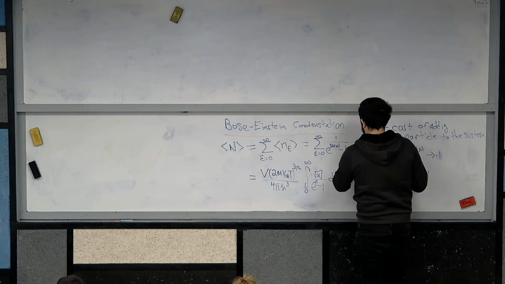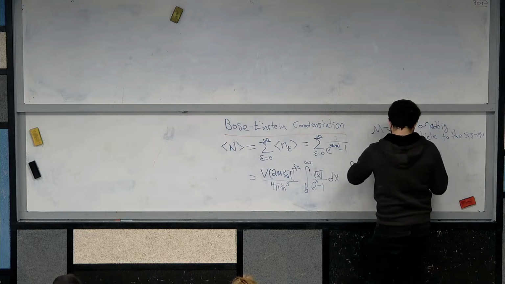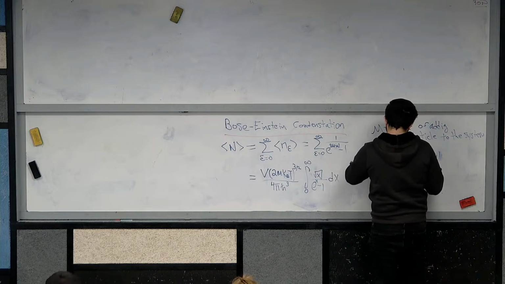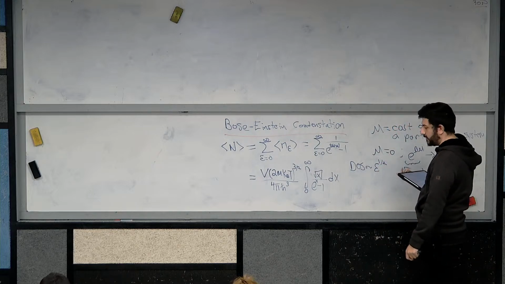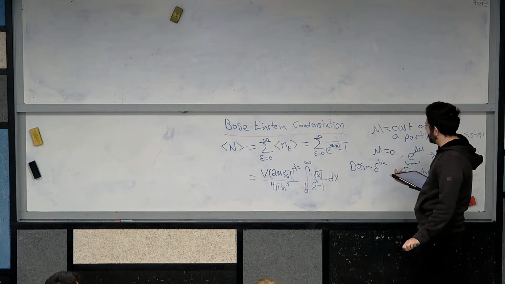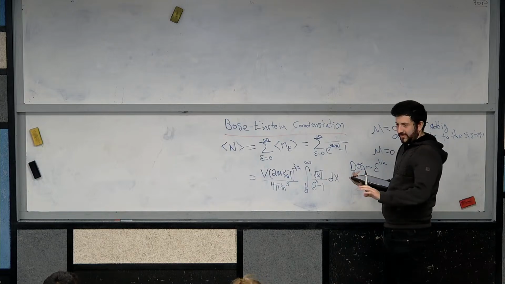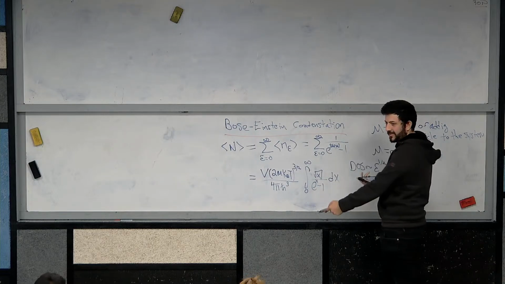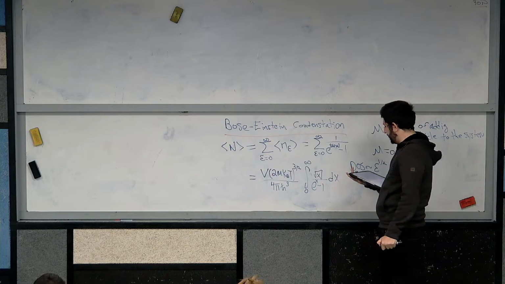And here, as you can see, we have included that the density of states goes as epsilon to the 1/2, which is for free particles in a box in general. I know it's a big step, but do you have any questions about how I get from here to here? Okay.